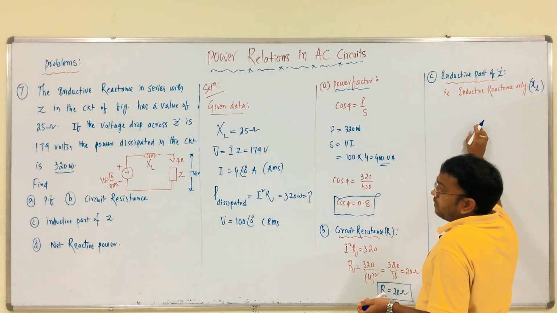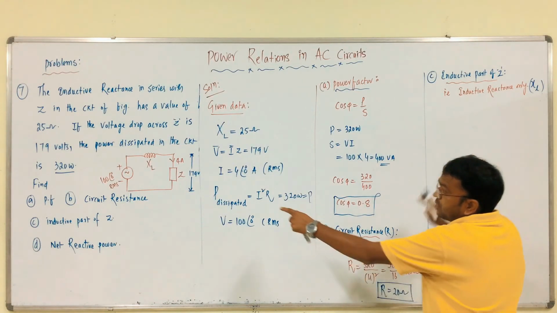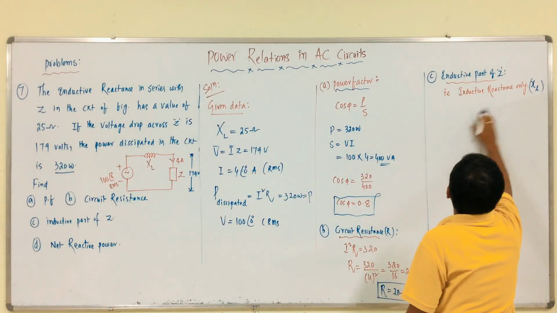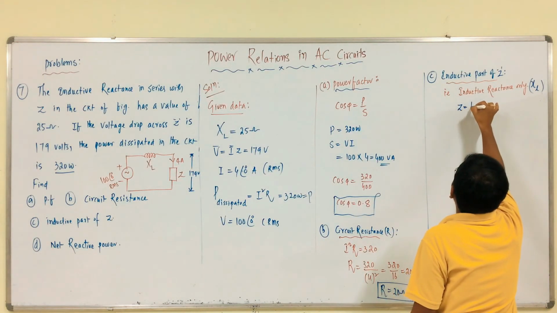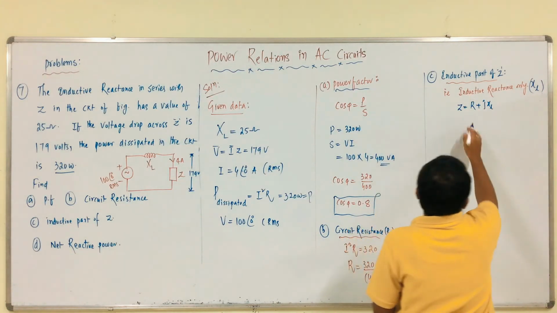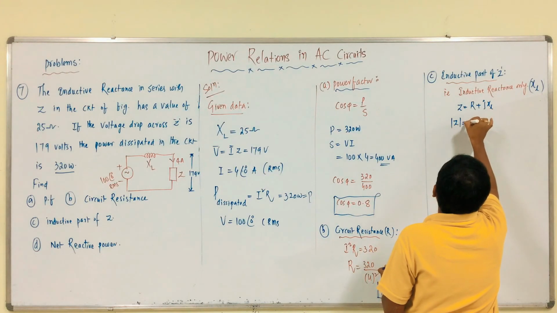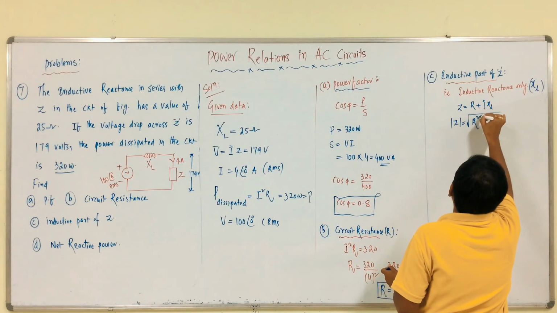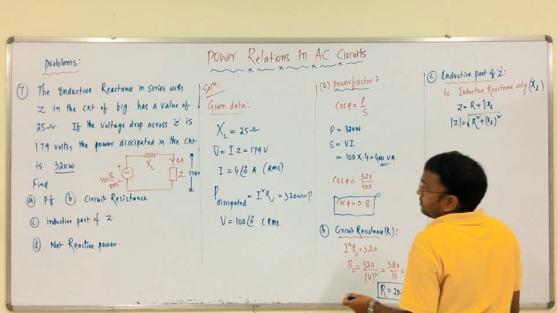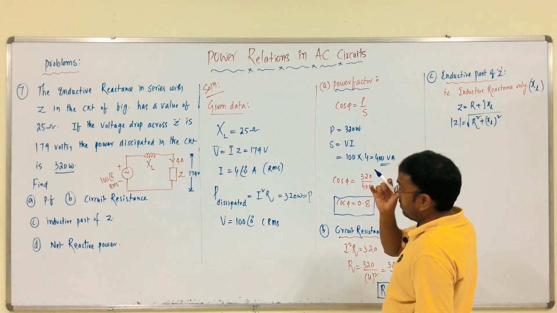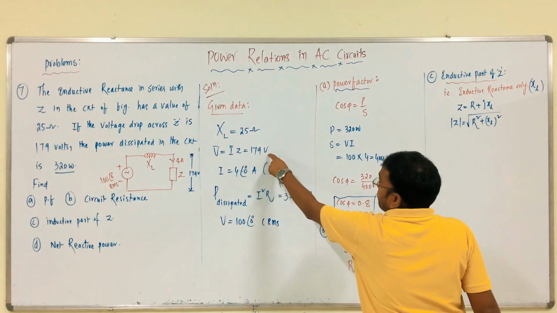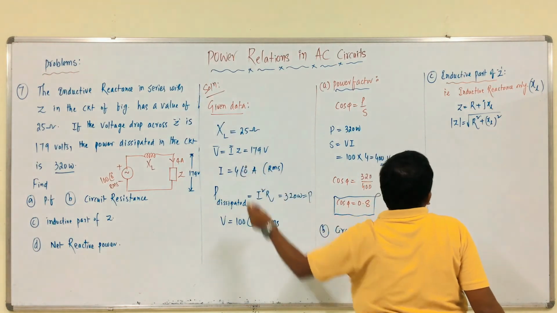We know the value of resistance, R is 20 ohms. So Z is equal to R plus j XL, that is the meaning. So mod Z is equal to square root of R square plus XL whole square. From this observation we can calculate the value of Z.